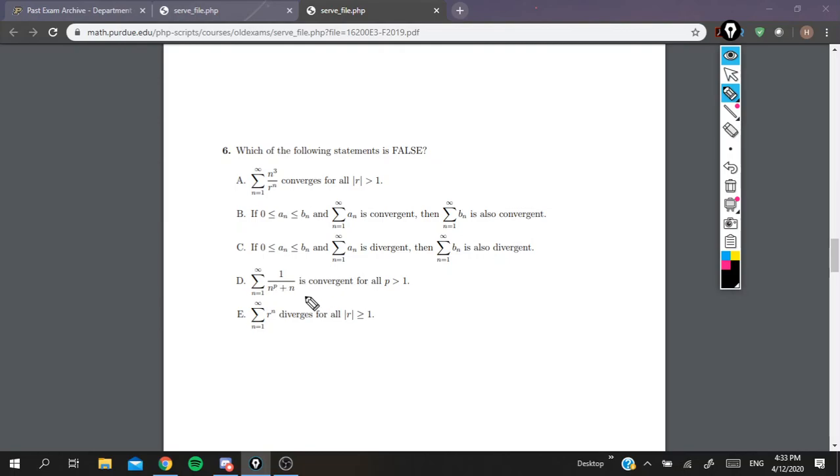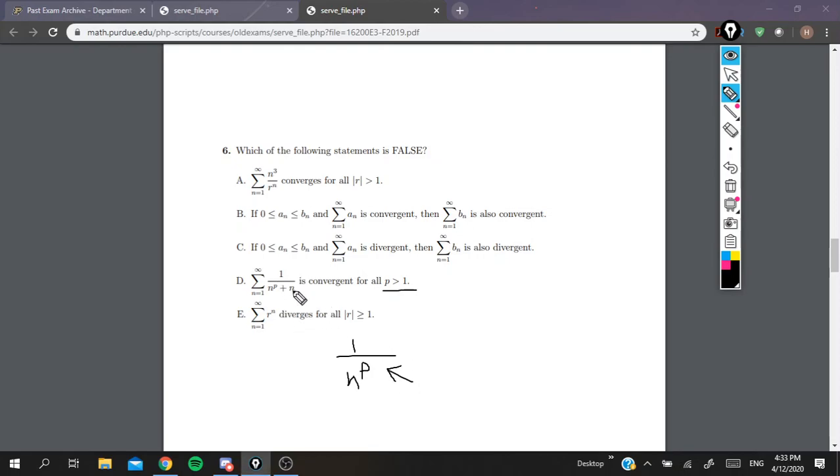So D, I think you can just compare this to a P series. Yeah, this is a P series since it's more than one, then this should converge.